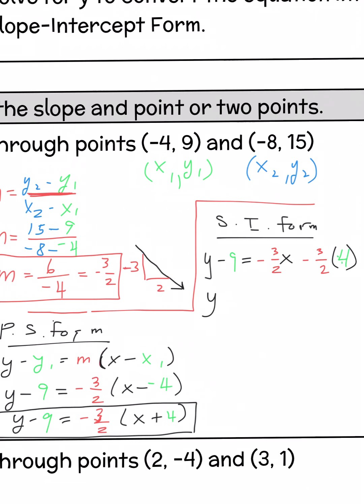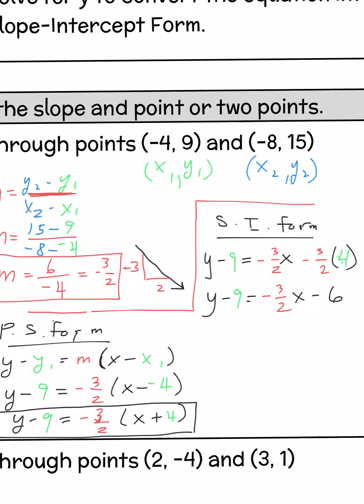So I leave the left side alone for now because nothing's going to happen yet. And I'm going to multiply negative 3/2 times 4. So I'm going to do 4 times 3, which is 12, then divided by 2, which is going to give me negative 6. So again, 4 times 3 is 12. 12 divided by 2 is 6, but the negative sign comes down, so it's negative 6.